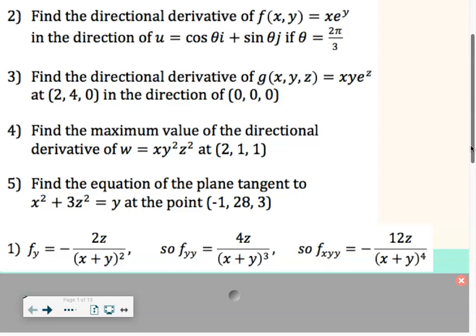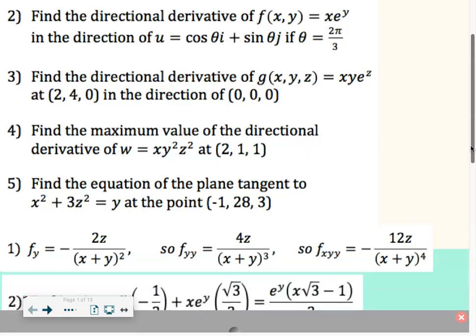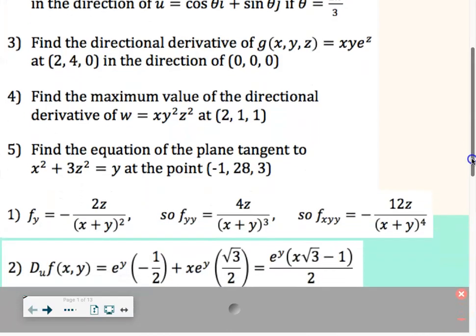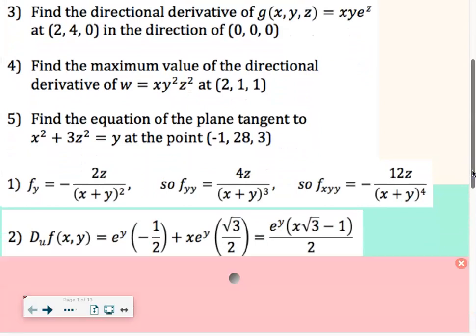No. Unacceptable, right? We don't leave our answers in unsimplified trig form. But apart from that, those looked really good. Any questions on number 2? Because I'm happy to work it out.